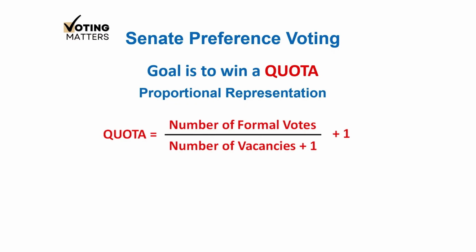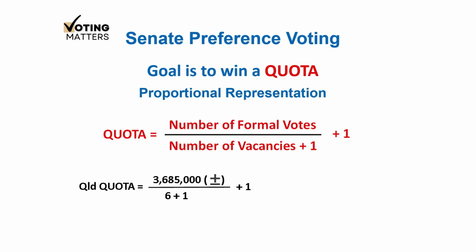The formula to get a quota is to divide the total number of formal votes for the state or territory by the number of senators being elected at the current election plus 1. Then add that result to 1. An example is registered voters in Queensland number approximately 3,685,000.